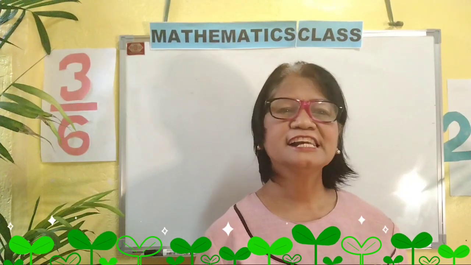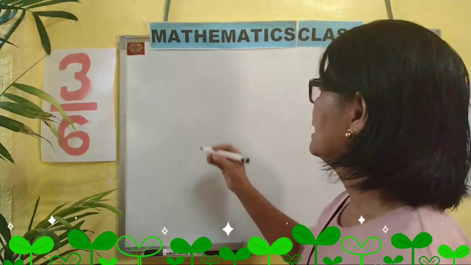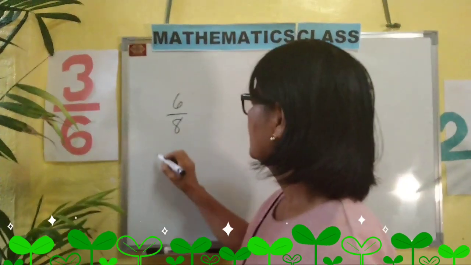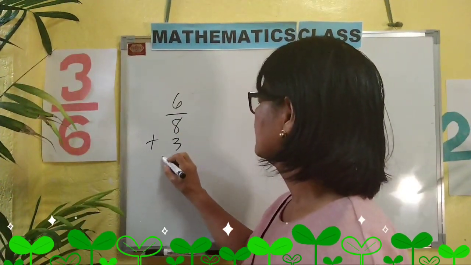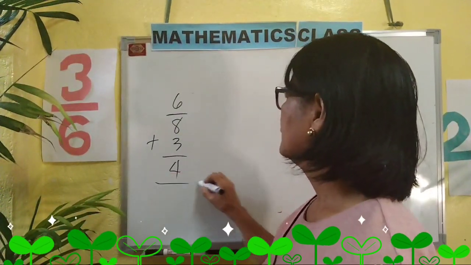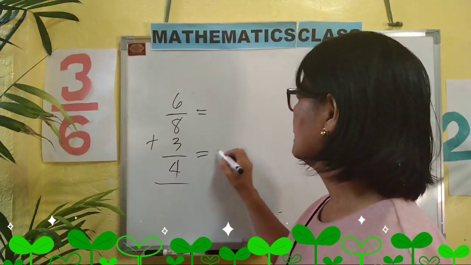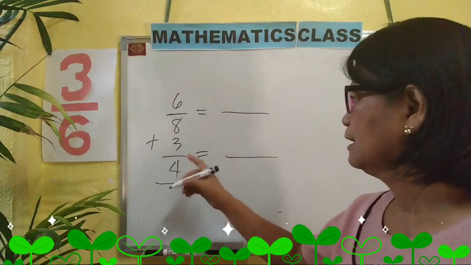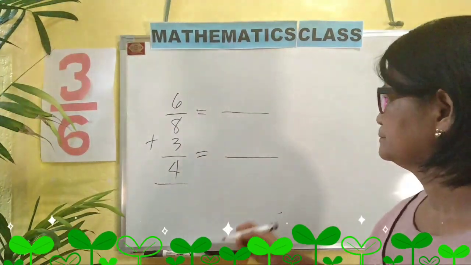Another example is 6/8 plus 3/4. Let us find out the LCD. The LCD for 8 and 4 is 8.